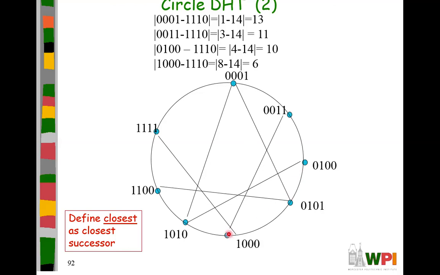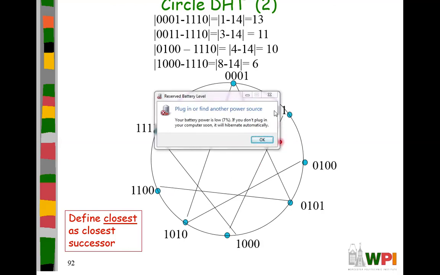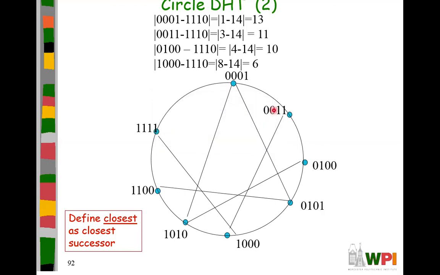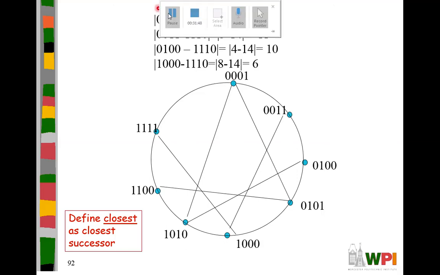For example, if this pair maintains another link with its third neighbor, this pair maintains another link with its third neighbor, and this pair maintains another link with its third neighbor, what will be its advantages? Definitely, if you have more neighbors, you have more links. So what is its advantage? Let's discuss it.